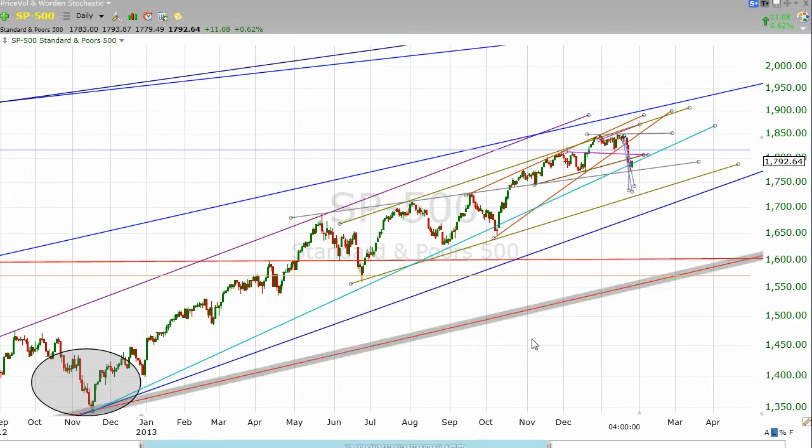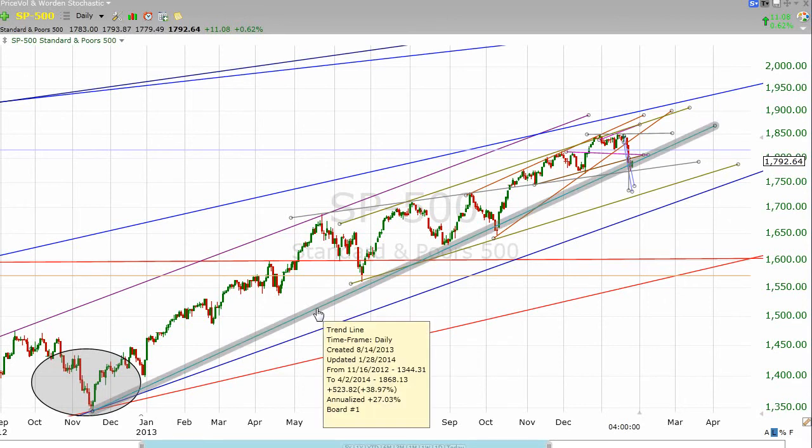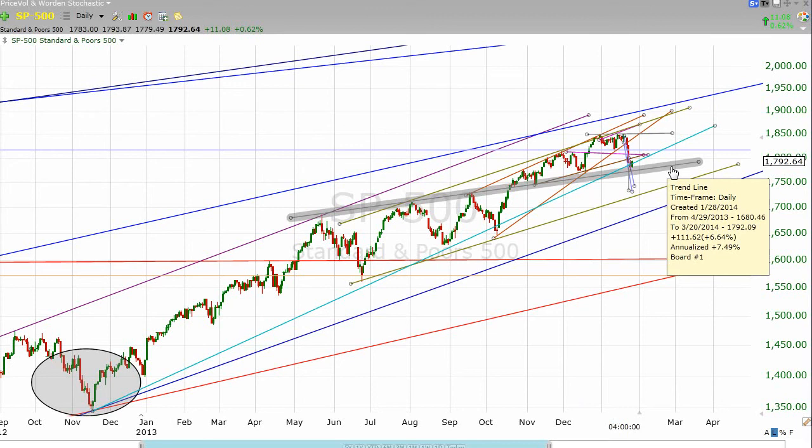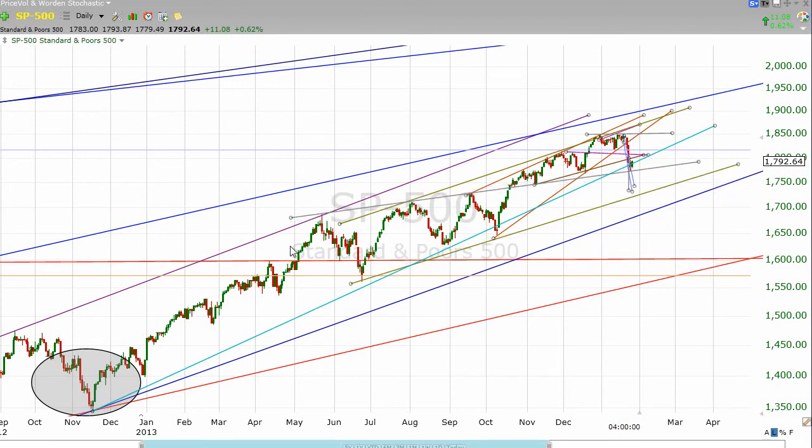So I mentioned a few days ago, let's just think of this turquoise colored line as being kind of fuzzy. Okay? Now, the trend line that I've put back on this chart is this one right here. You'll remember back in the summer and late spring of 2013, we had a series of 3 tops that formed.